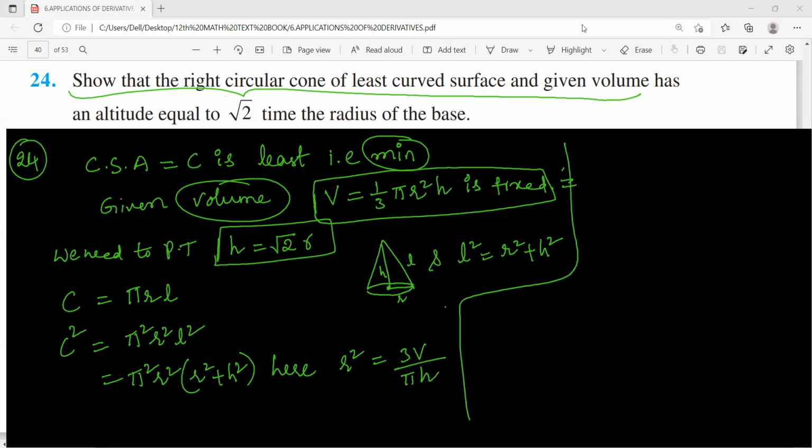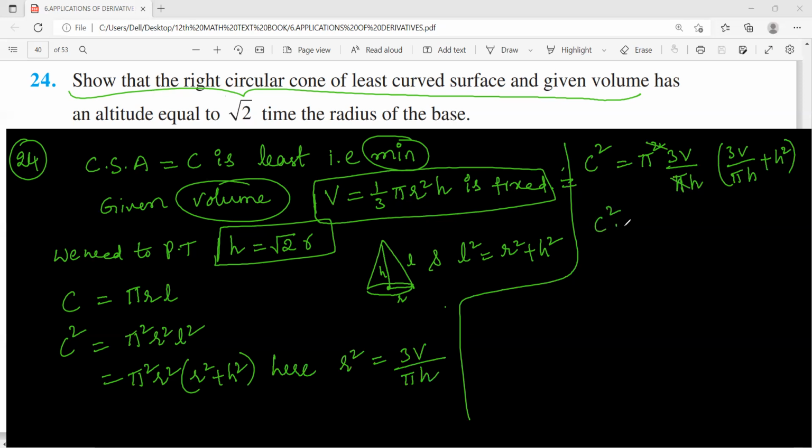So then C square is nothing but pi square times r square, which is 3V by pi h, into 3V by pi h plus h square. Here pi cancels.